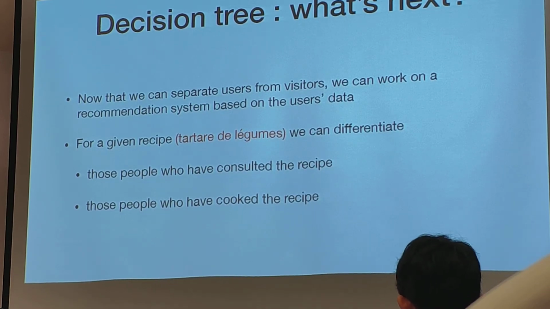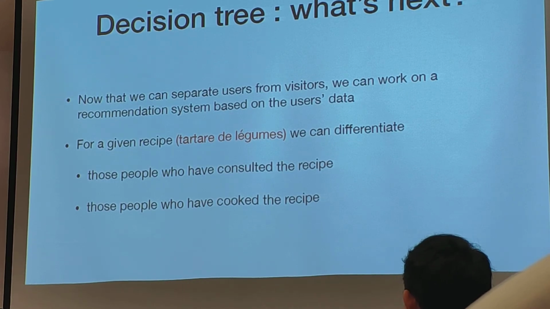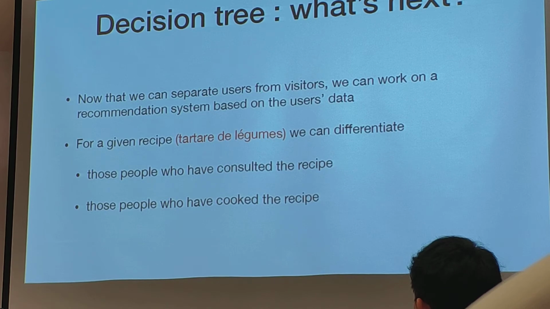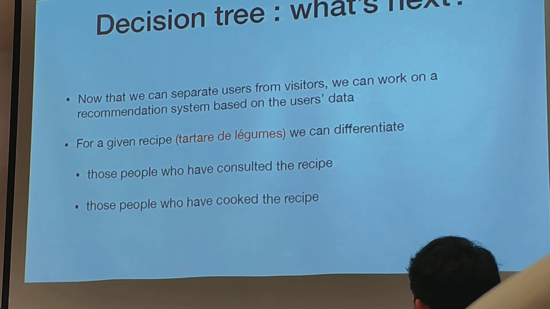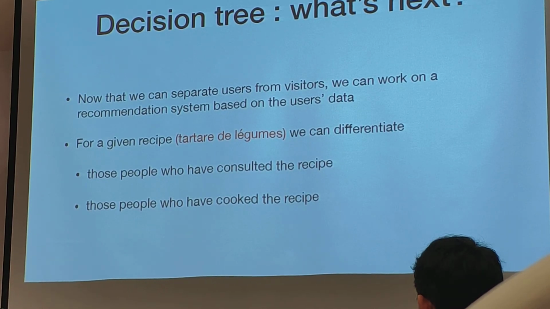Okay, and you have to differentiate now. These people who have consulted the recipe, they have looked at the recipe. We know that they have looked at the recipe, from the people who have cooked the recipe. But these two groups of people are the users. Now, I don't have any visitors anymore. I'm working only with the users, okay?